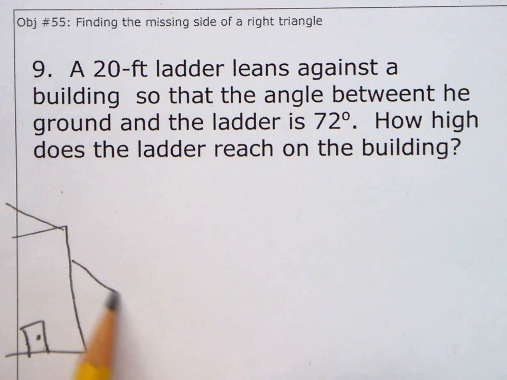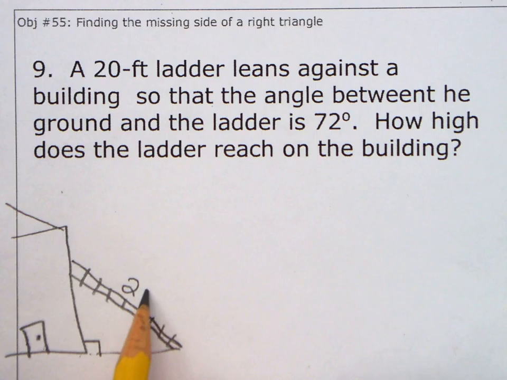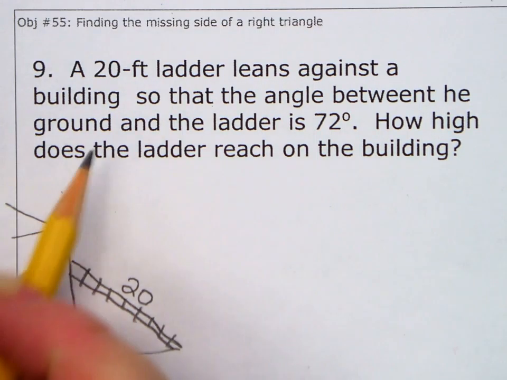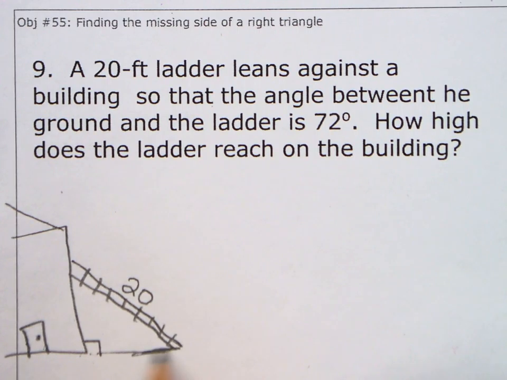So here's my building, and here's my ladder. Buildings are right angles. What's 20? The ladder is 20. The angle between the ground, here's the ground, and the ladder is 72. How high does the ladder reach up the building?